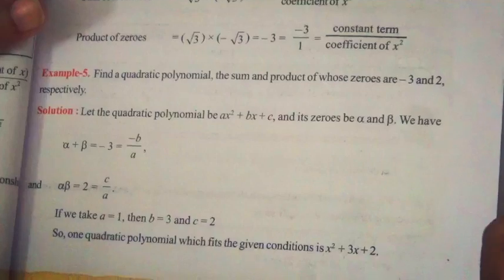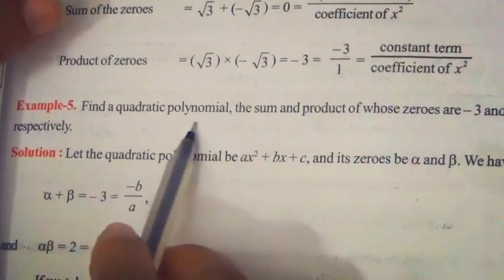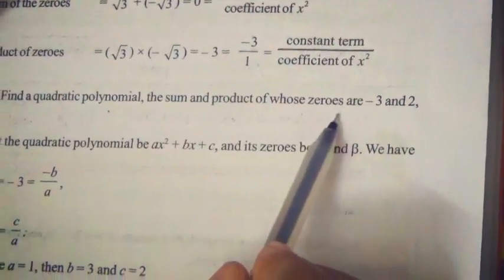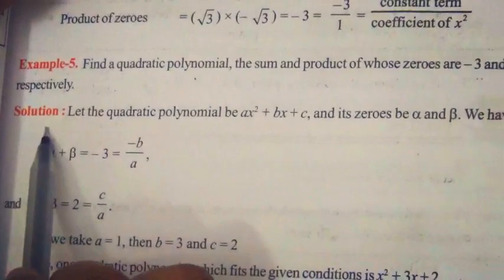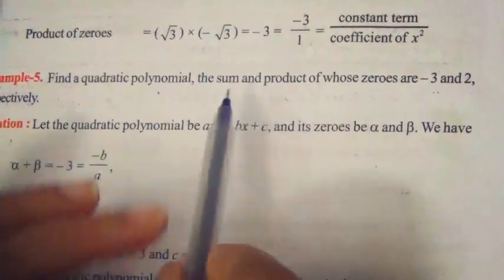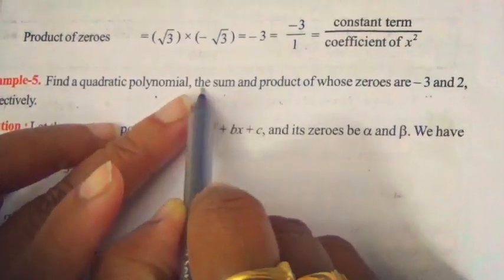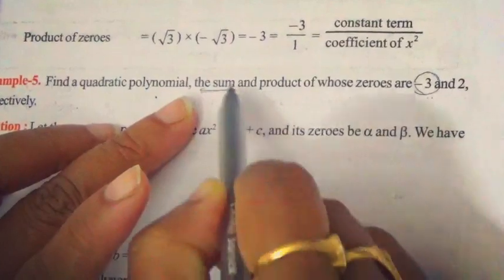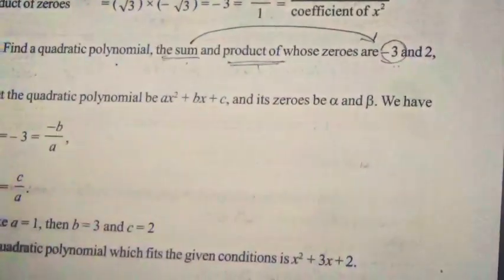Then example 5. Find the quadratic polynomial whose sum and product of the zeros are minus 3 and 2 respectively. Here in the given sum, the first number is sum and the second number is product.